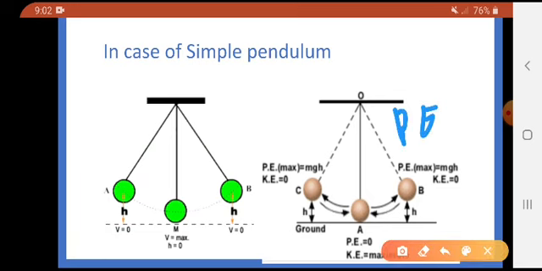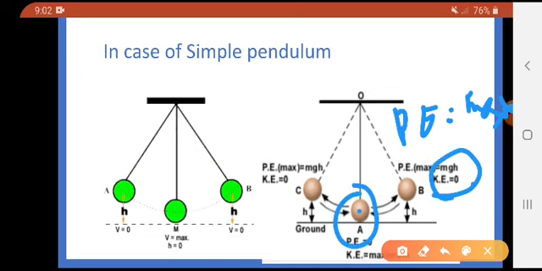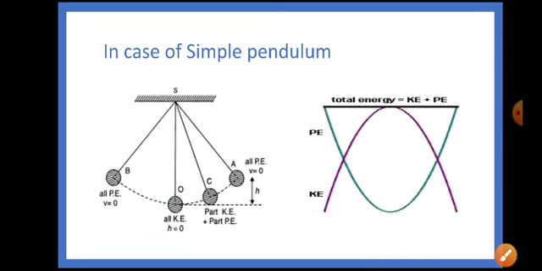Potential energy at this condition is maximum and kinetic energy is 0. From the mean position to the right position, the potential energy increases and kinetic energy decreases. As kinetic energy increases, potential energy decreases.